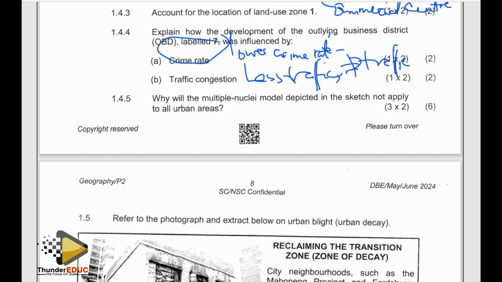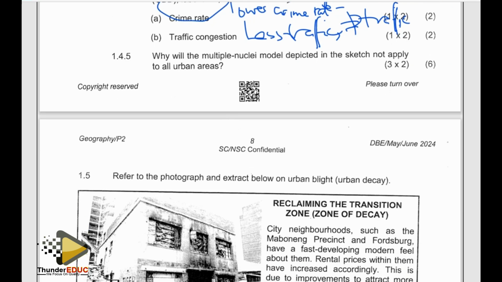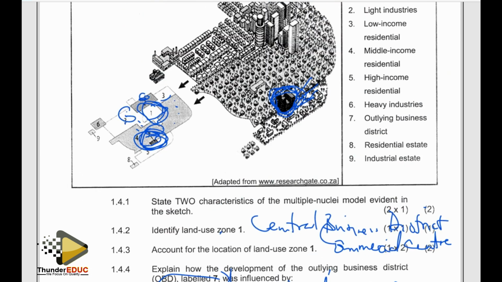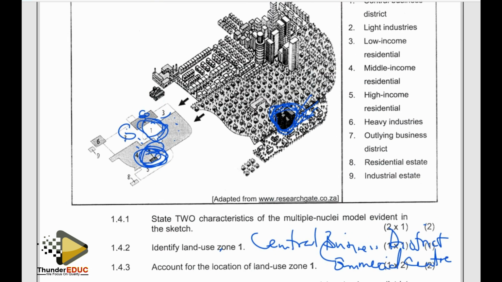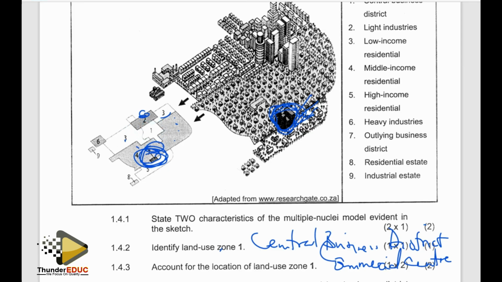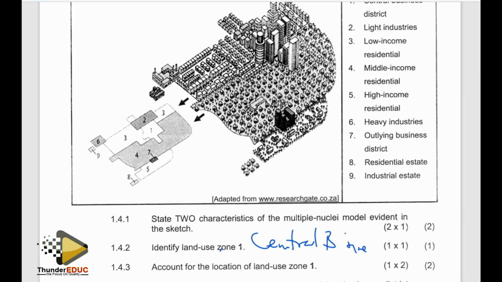Why will the multiple nuclei model depicted in the sketch not apply to all urban areas? We're saying this model applies where it applies. In some areas, it doesn't apply. Why is it not applicable to all urban areas? Number one, cities are planned according to government policy.